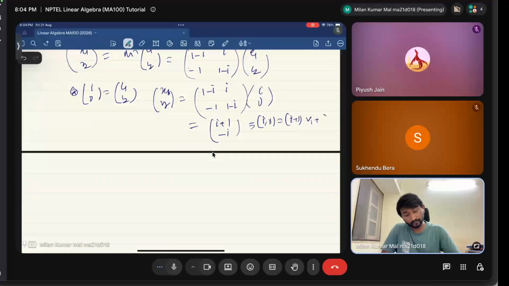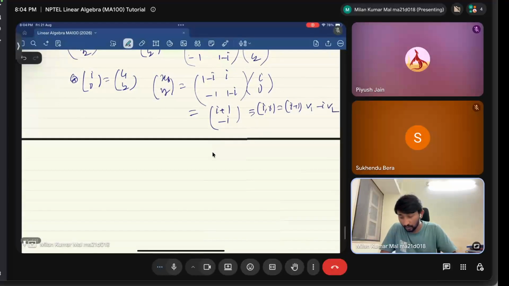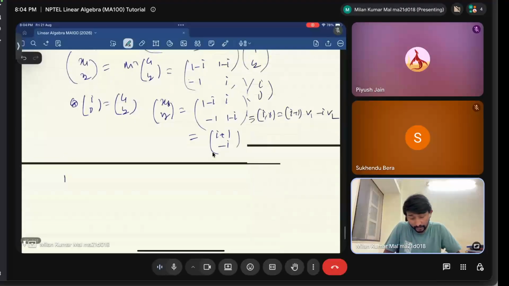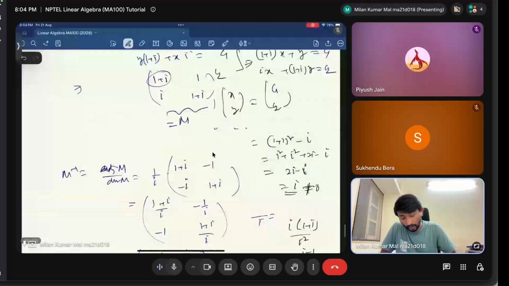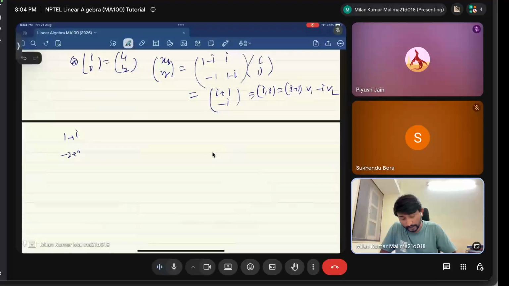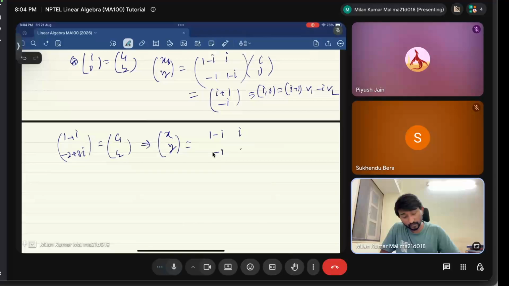And similarly, if I take the other vector, what was the other vector? The other vector was 1 plus i, minus 2 plus 3i. This is as c1, c2. Then what is the corresponding x and y? That will be the matrix times c1, c2, that is 1 plus i and minus 2 plus 3i.